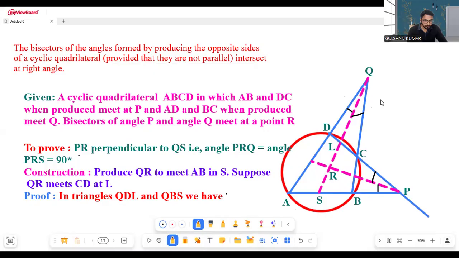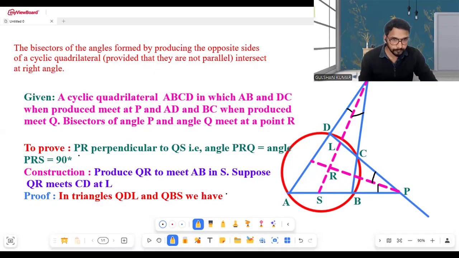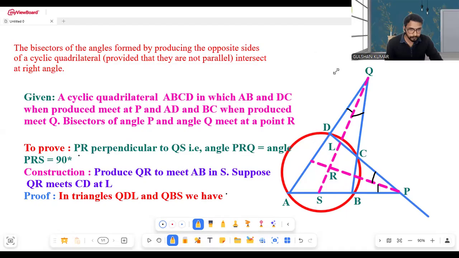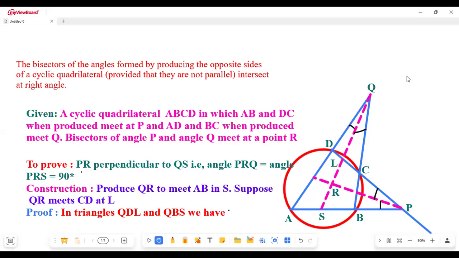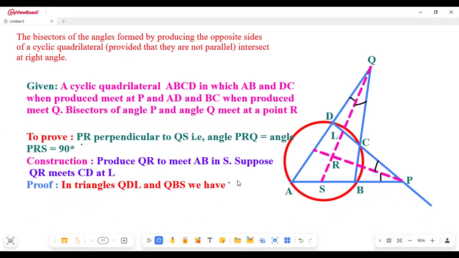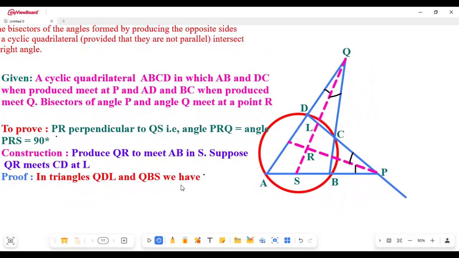This is the basic idea of this question.